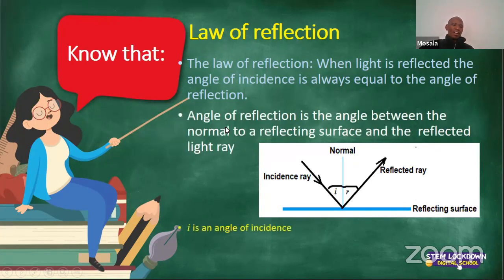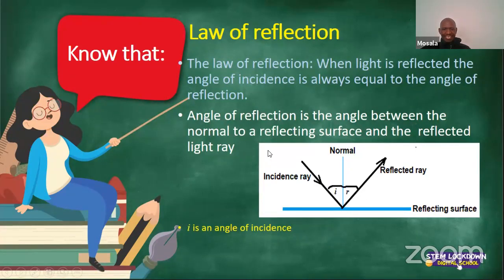Now, the angle of reflection is the angle between the normal to the reflecting surface and the reflected ray. So here you have the normal to the surface, which is always at right angles to the surface.